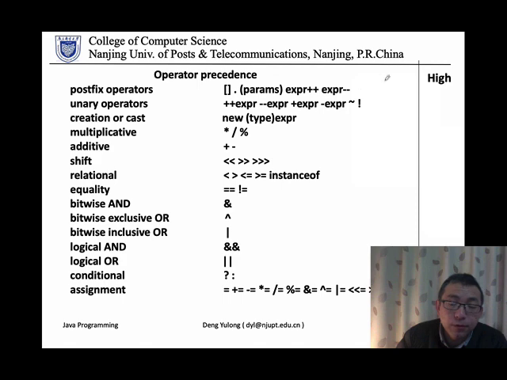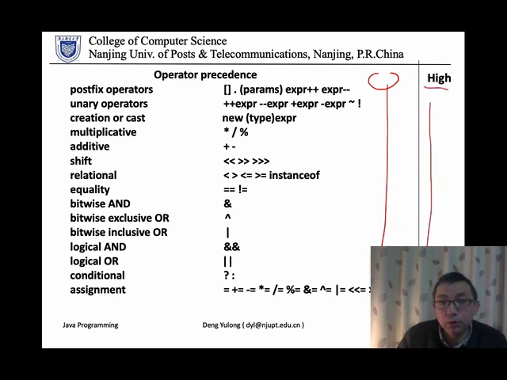Now we have a list that defines this order from the top to the bottom. The precedence is from higher to lower. For example, increment and decrement have higher precedence than additive, shift, or bitwise operators. This is the precedence for the operators.